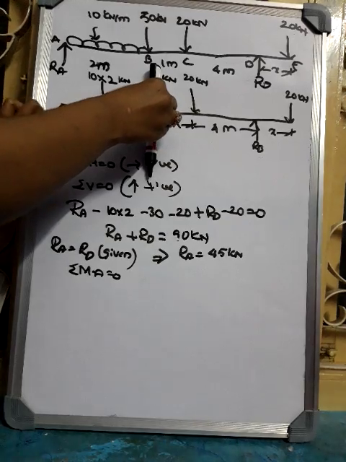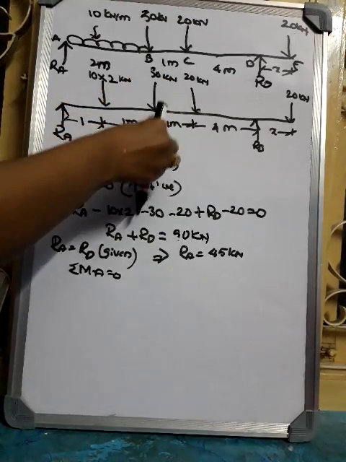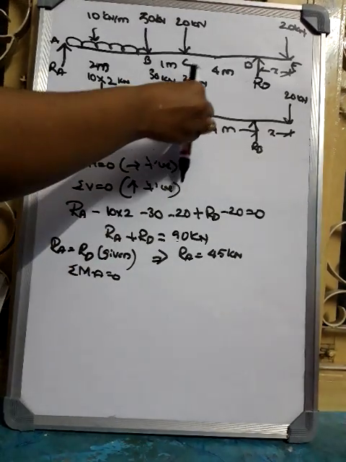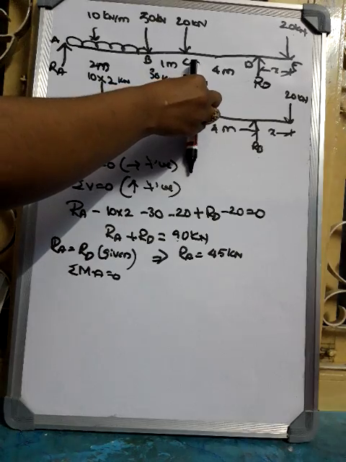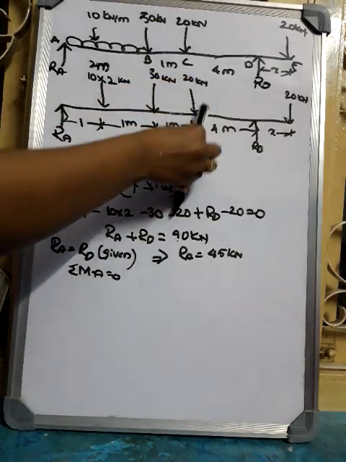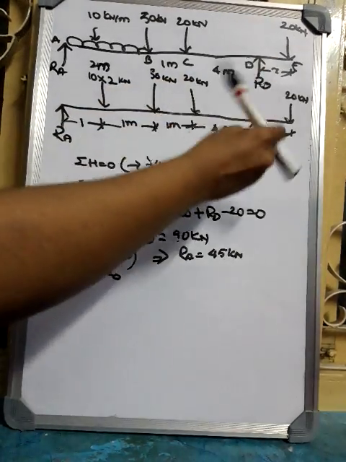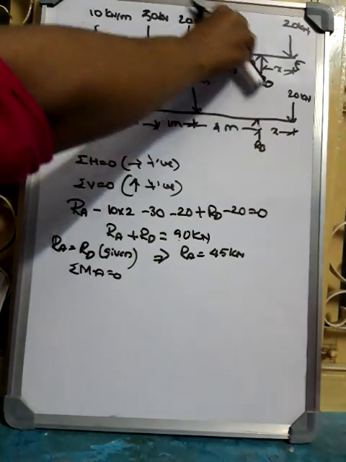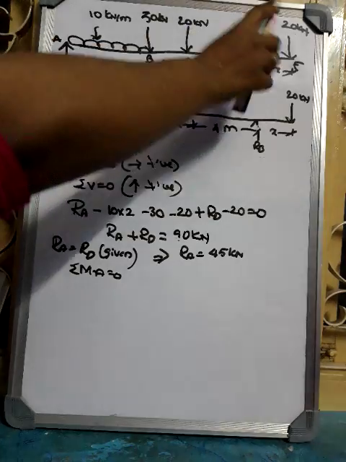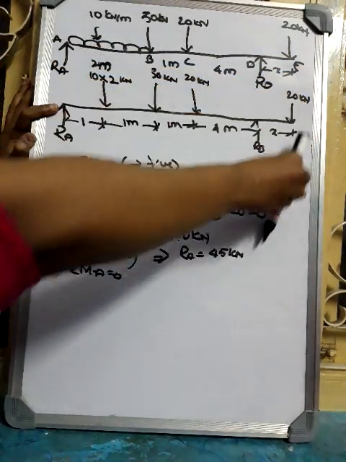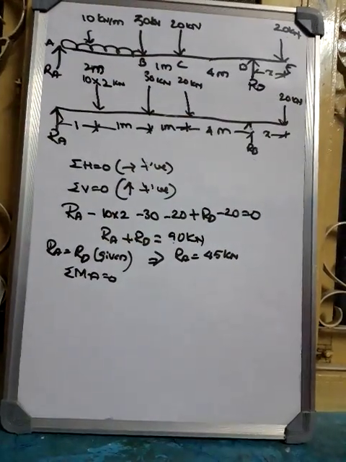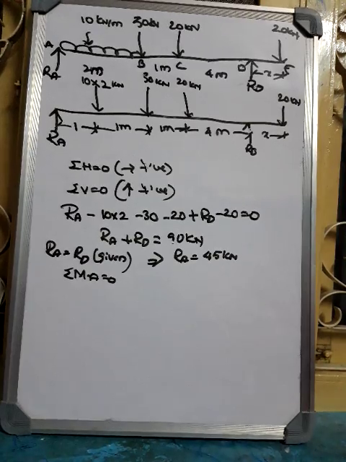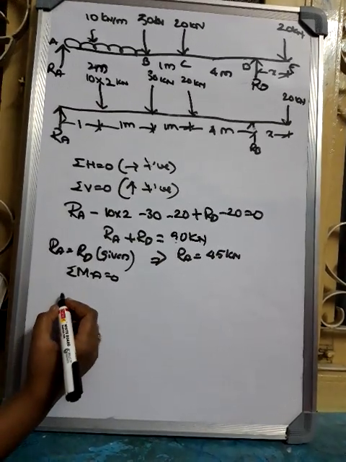This one has perpendicular distance 3, clockwise. RD, if you take about this point, will rotate anti-clockwise.